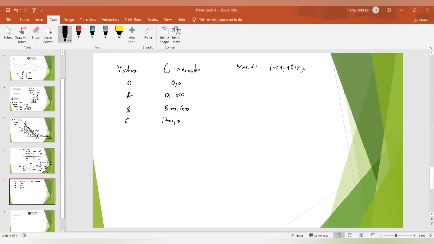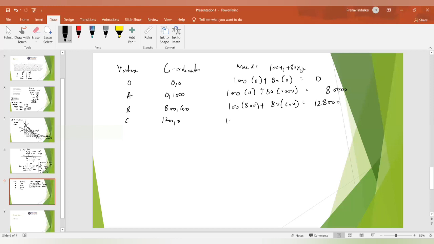I'm just substituting: 100 into 0 plus 80 into 0, you get the answer 0. 100 into 0 plus 80 into 1000, the answer is 80,000. 100 into 800 plus 80 into 600, the answer is 80,000 plus 48,000, that is 1,20,000. Then 100 into 1200 plus 80 into 0, the answer is 1,20,000. Now here we'll be selecting whichever is higher.